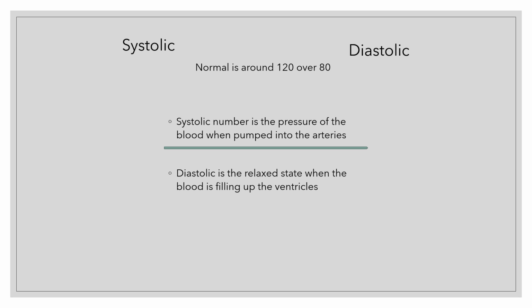The diastolic number is when the heart is relaxed, like in between the heartbeats. So your systolic is the pressure of blood when pumped into the arteries, and the diastolic pressure is the relaxed state when the blood is filling up in the ventricles again. And we're hoping that the preload is a lot, right? We want blood to fill up really well in those ventricles.